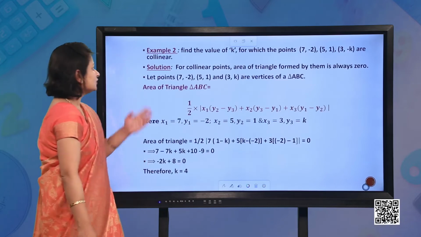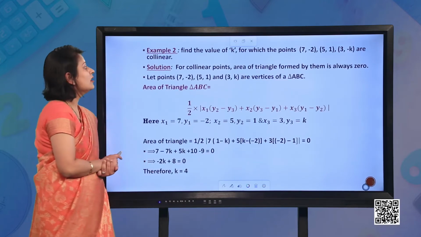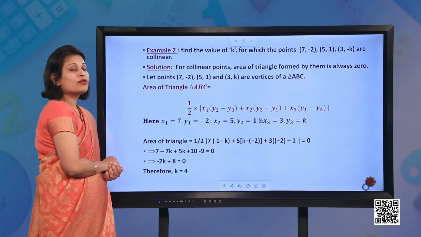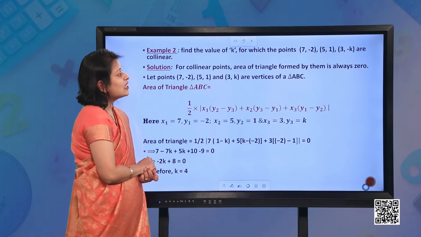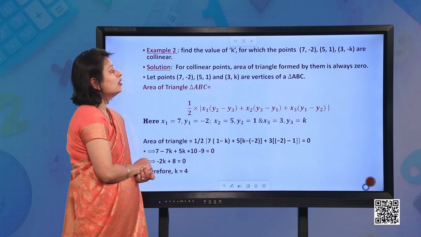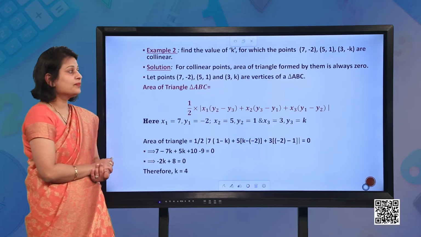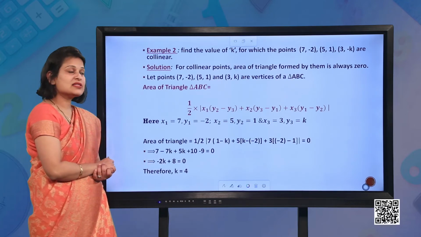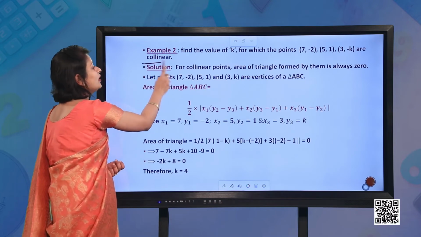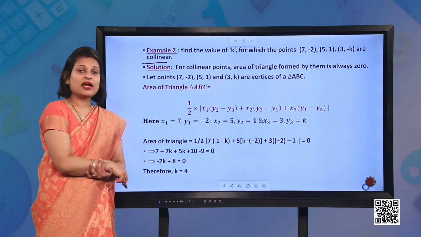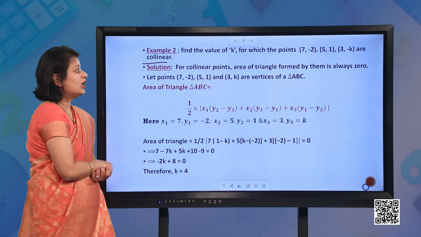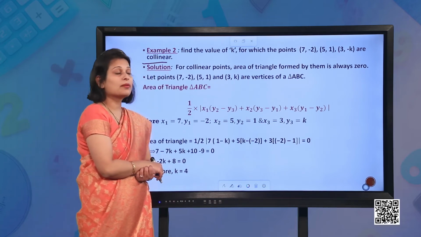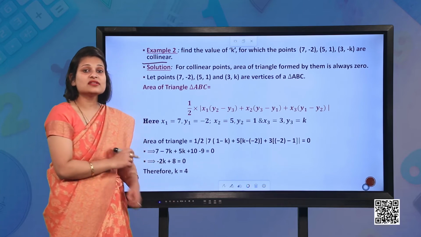Now, let us discuss another example. Find the value of K for which the points (7, minus 2), (5, 1) and (3, minus K) are collinear. What do you mean by collinear here? For collinear points, the area of the triangle formed by them is always 0.